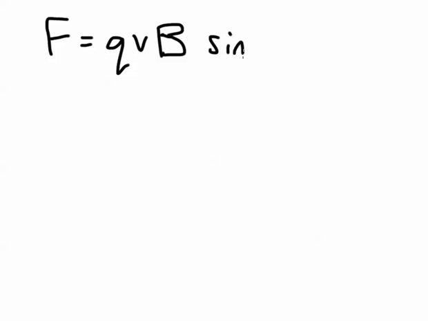We know that the force of the magnetic field on a moving charged particle is QVB, and there's also a sine alpha for the angle between the velocity and the magnetic field. So the force of the magnetic field on a wire, well, what could come into this picture? Well, the magnetic field is probably important.